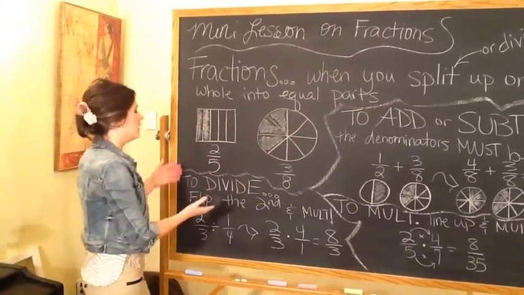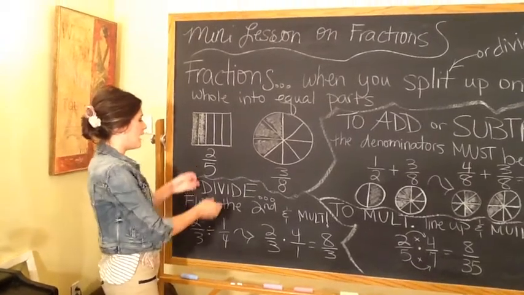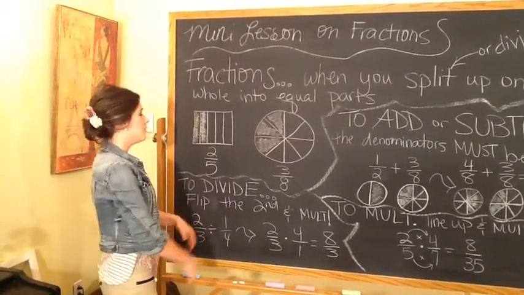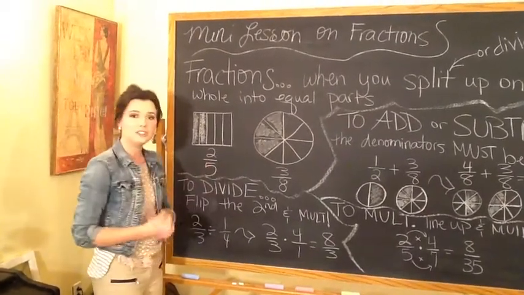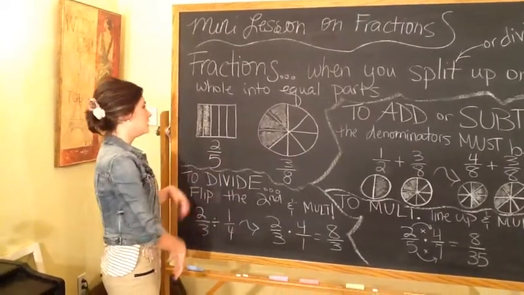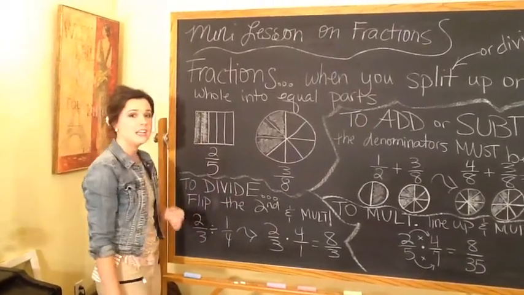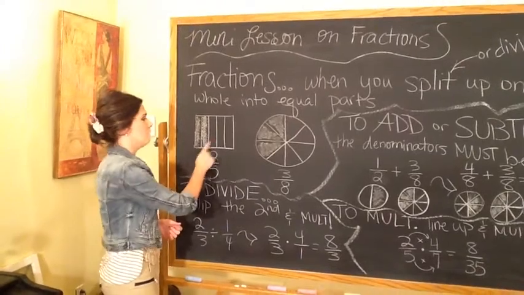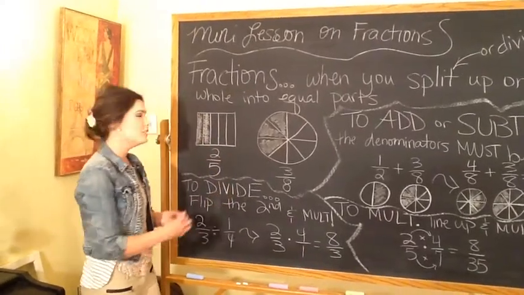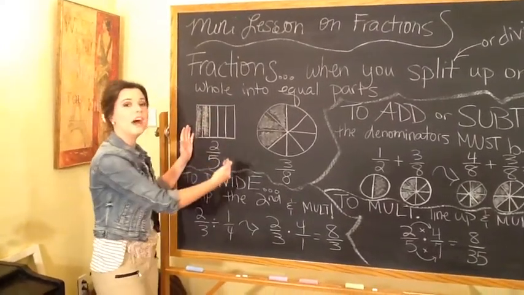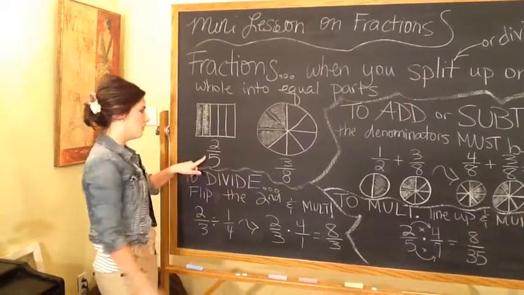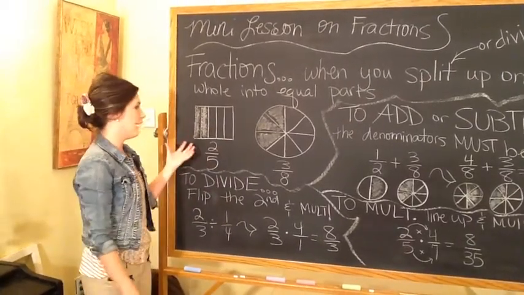First and foremost, in order to write a fraction out, you write the small part, the part that's shaded, over the whole. So the fraction that I shaded in is 2 parts out of 5 parts. I'm only talking about 2 of these 5 equal parts. So 2 over 5 is our fraction.